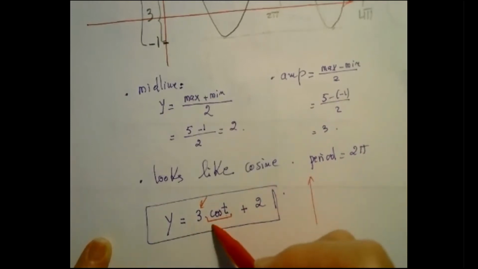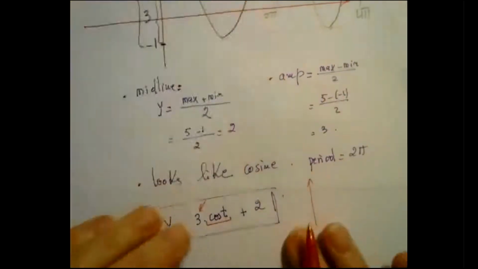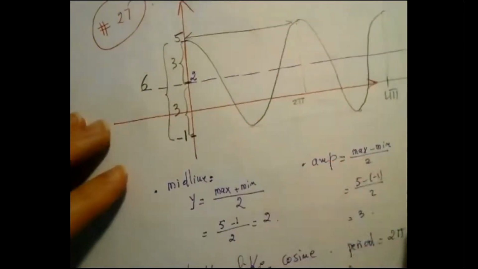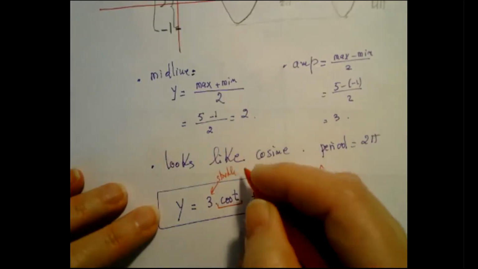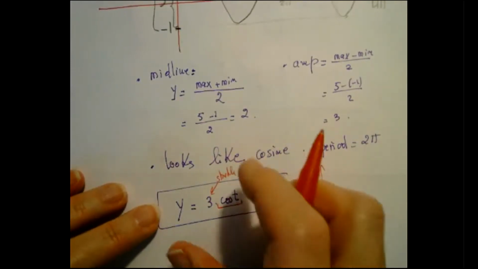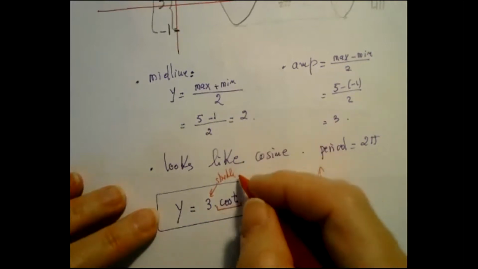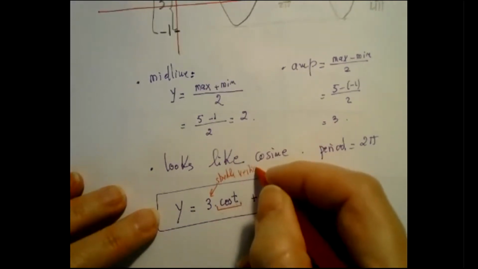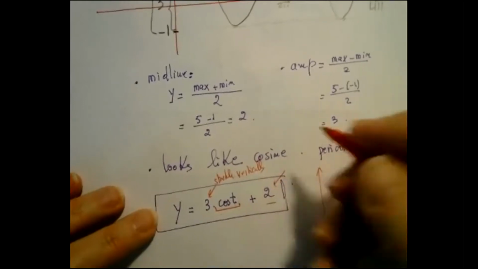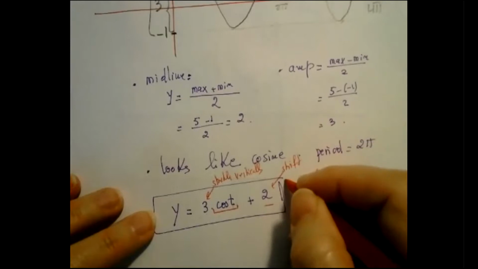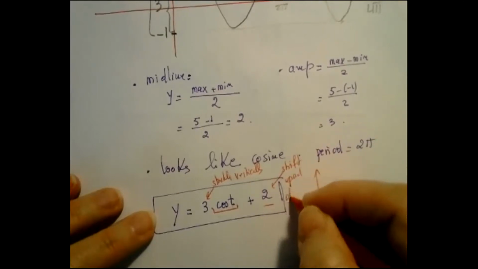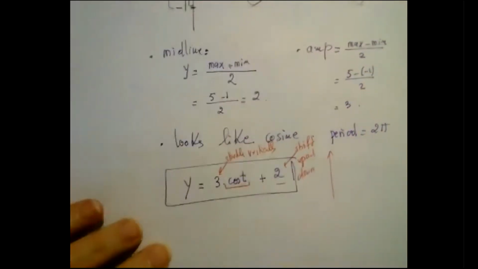It just takes the graph of cosine and stretches it, or sometimes compresses it. It compresses if the amplitude is less than 1. So this one stretches vertically, that's what we studied. And this 2 basically shifts vertically, up and down. That's really the effect.